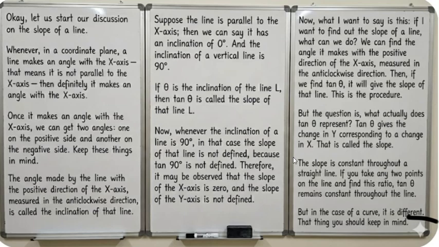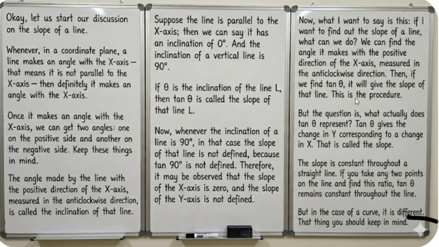Now what we want to say is that if I want to find the slope of a line, we can find out what angle it makes with the positive direction of the x-axis. If you measure the angle in the anti-clockwise direction, then finding tan theta will give the slope of the line.